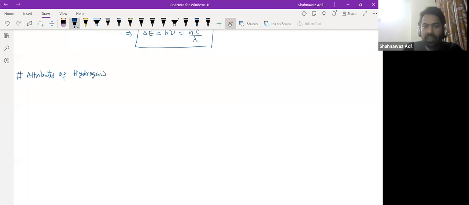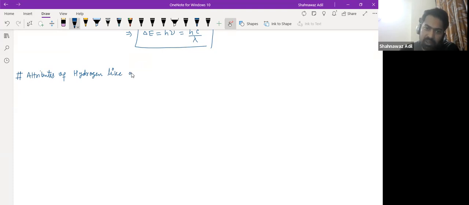And this was the drawback of Bohr's model, that it can only explain hydrogen-like elements. We cannot explain helium, lithium, beryllium, boron, carbon, nitrogen, or every other element. We can only explain the hydrogen-like elements.